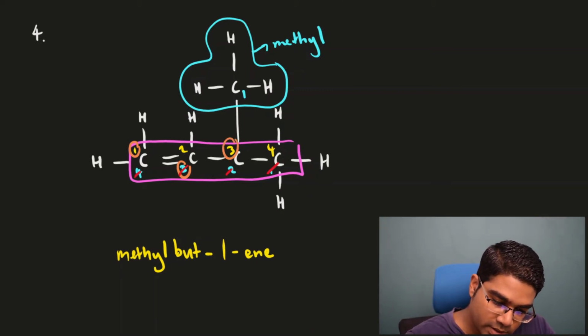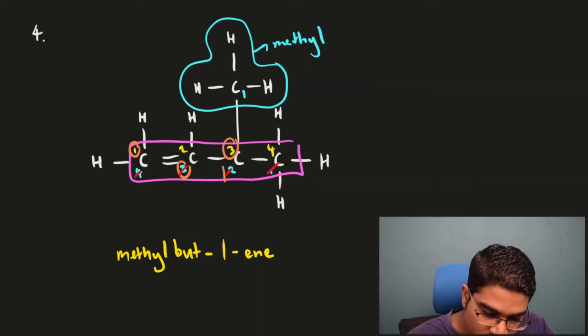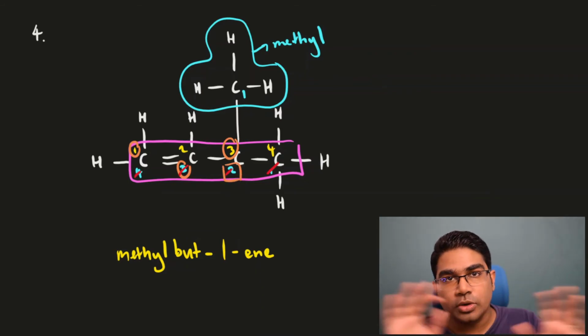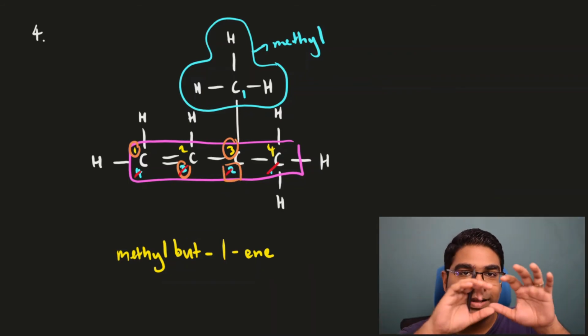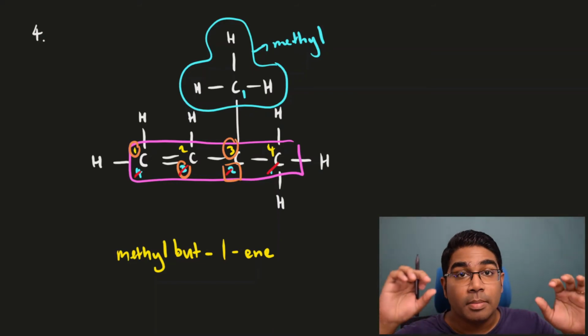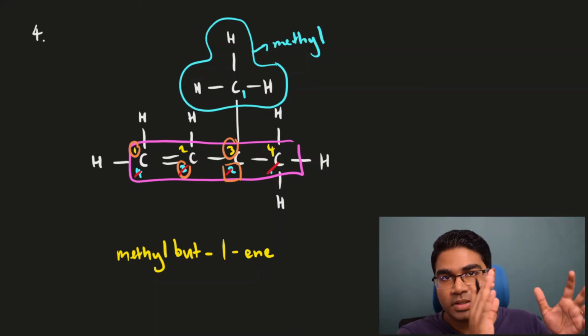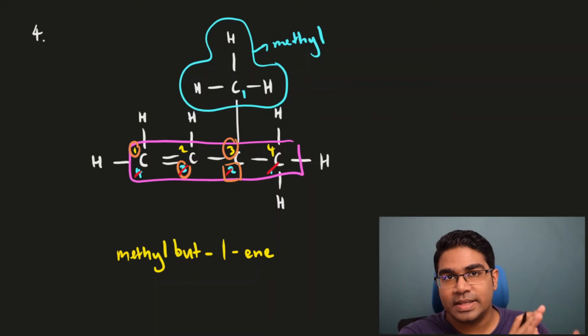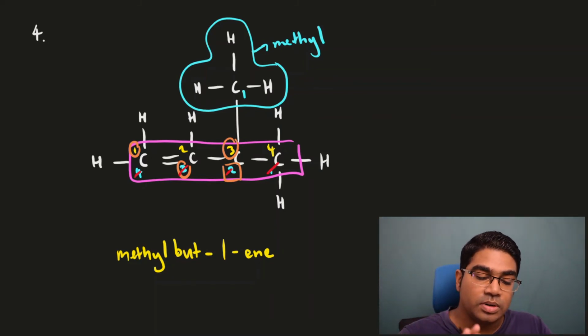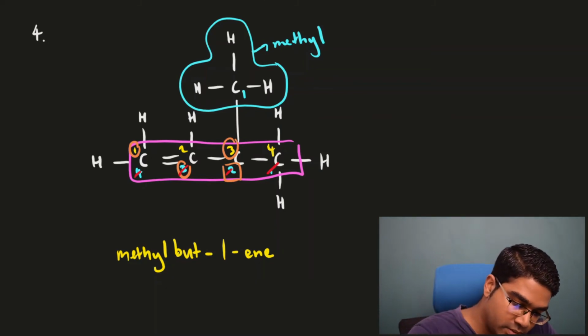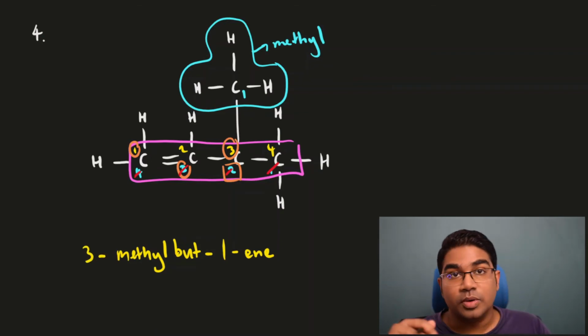So this is what I meant earlier. Even though 2 is the smaller number, we ignore 2 because we have already decided the numbering on the carbon based on the functional group. The functional group numbering comes first. Once that is set, it doesn't change. So this will be 3-methyl-but-1-ene. Let's go to the fifth isomer of pentene.